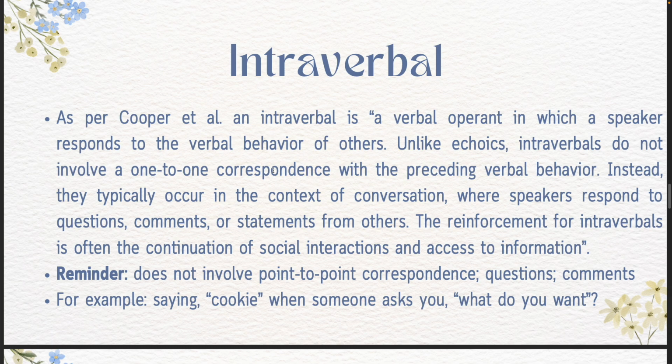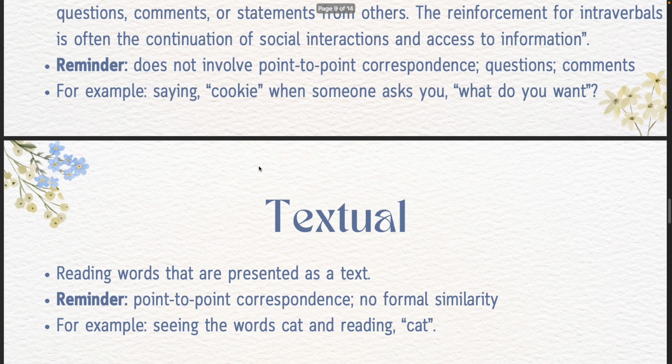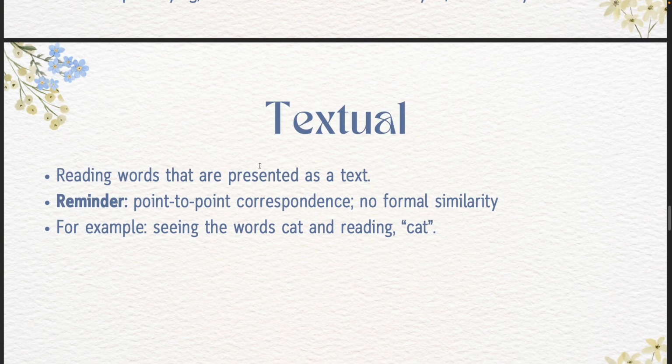So I can ask, what do you want? And my learner can sign what they want, right? They don't have to share formal similarity either. Textual, as the name suggests, to think of a text, reading words that are presented as a text.